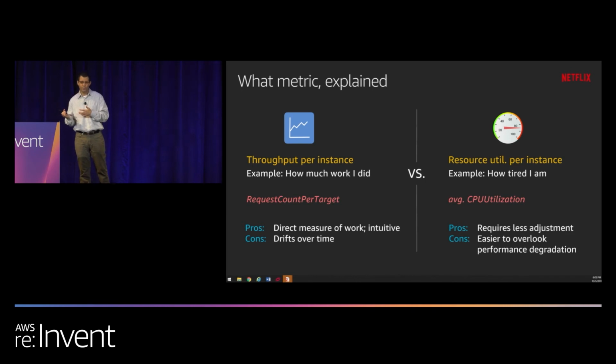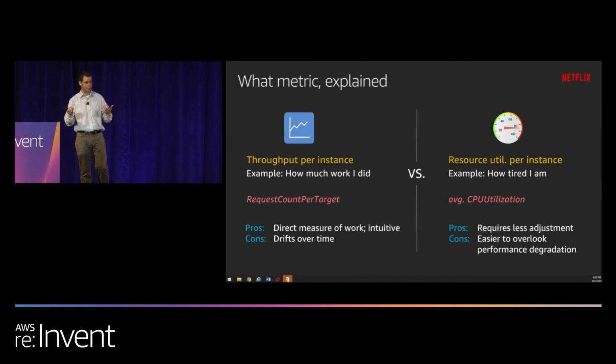The slight cons of this approach is that usually, as we make changes to our software, throughput target tends to drift over time. On the other hand, CPU utilization doesn't have this problem because we can normalize our workload by CPU utilization. We can say, hey, run as hot as, say, 60% CPU utilization.